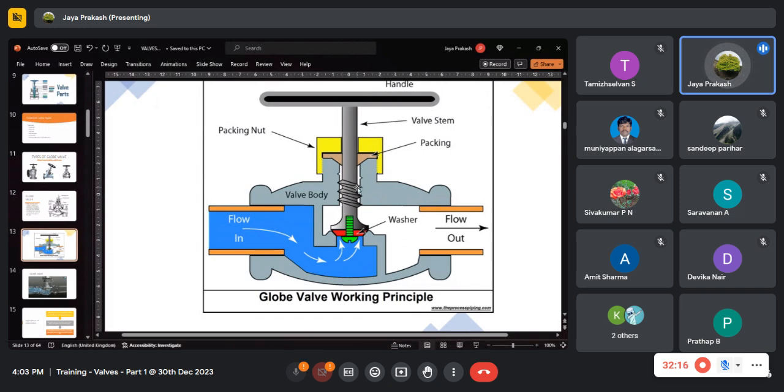Suppose you are facing this valve like this, and in the data sheet, how is it mentioned? Anybody knows? The flow characteristics?